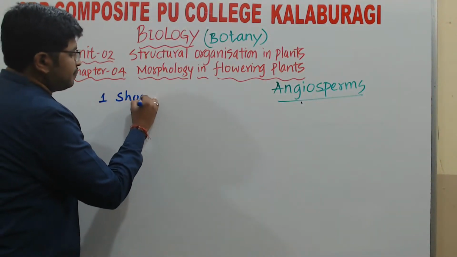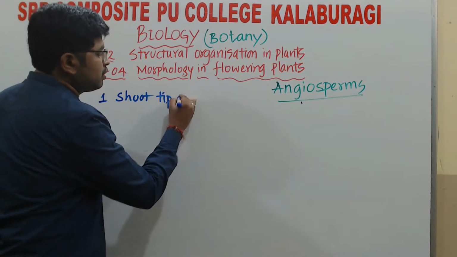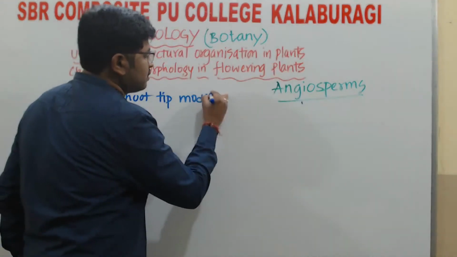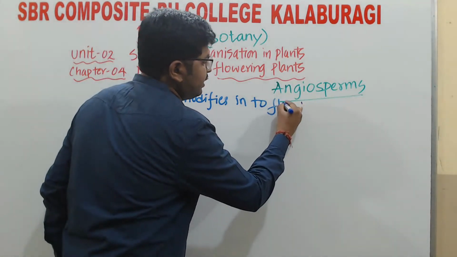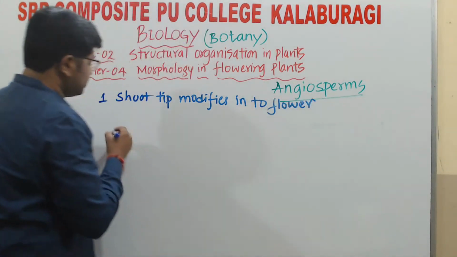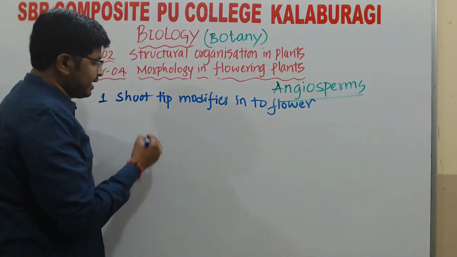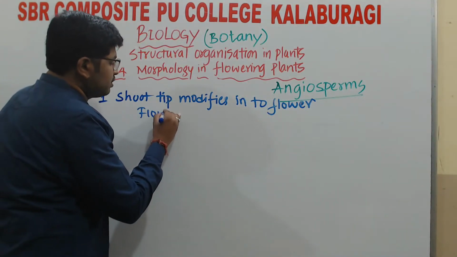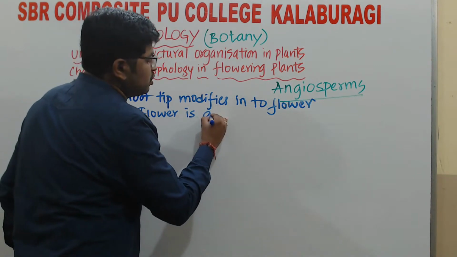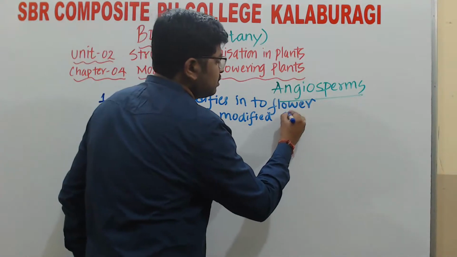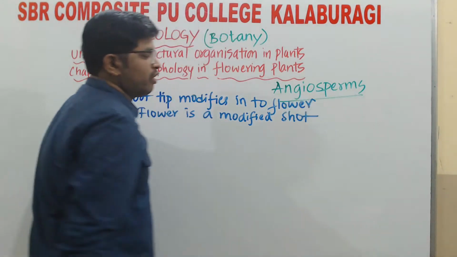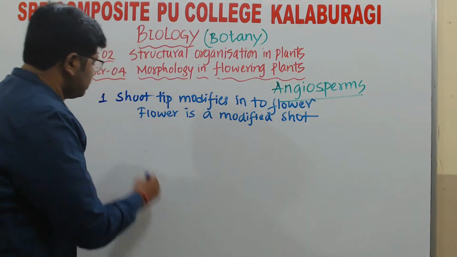A shoot tip modifies into flower, meaning you can also say that flower is a modified shoot.